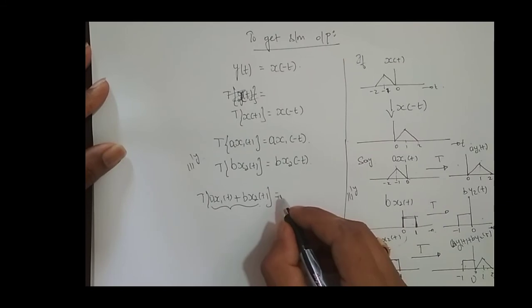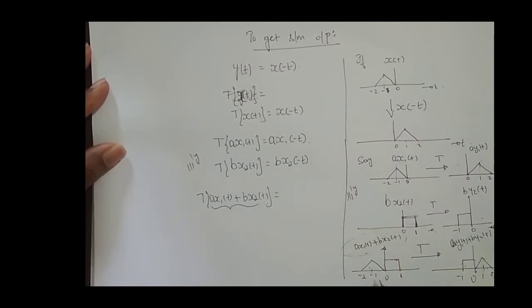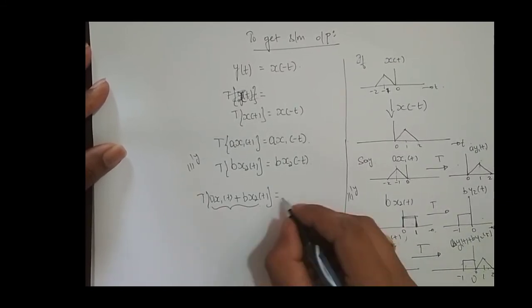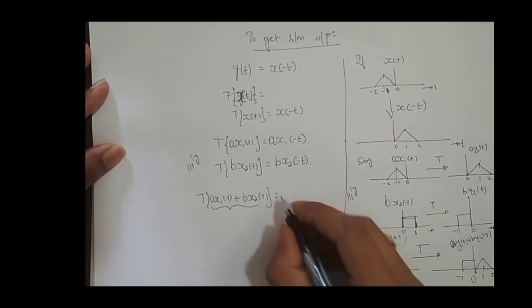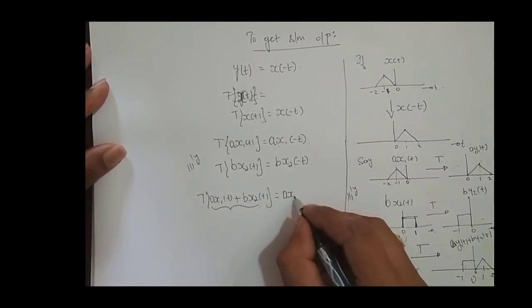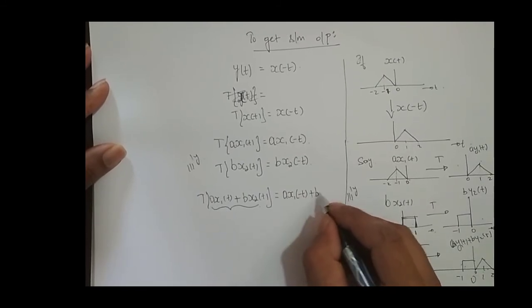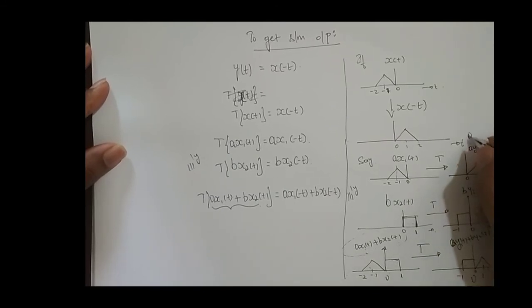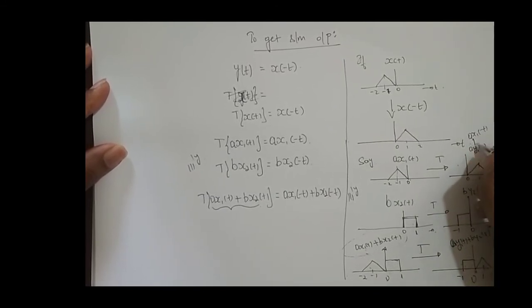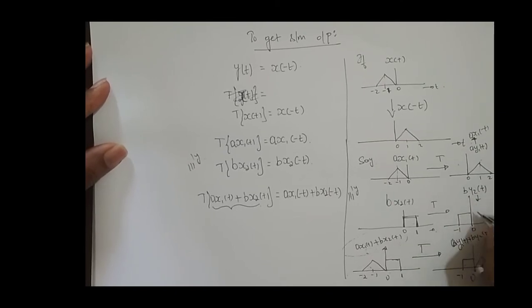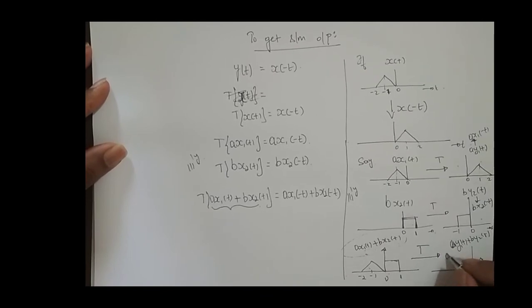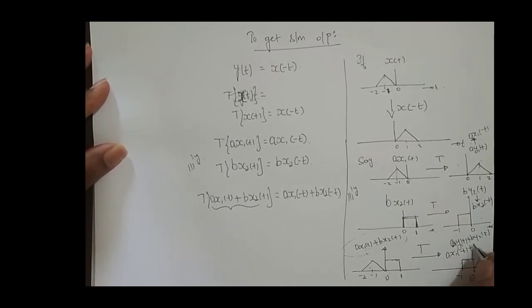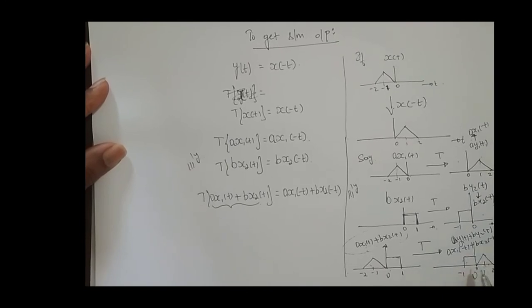So what am I supposed to get here is this, which is nothing but the time reversed of this, which is a times x1 of minus t plus b times x2 of minus t. I can write this as a times x1 of minus t and this as b times x2 of minus t, and it is nothing but a times x1 of minus t plus b times x2 of minus t, which is the time reversed version of this.